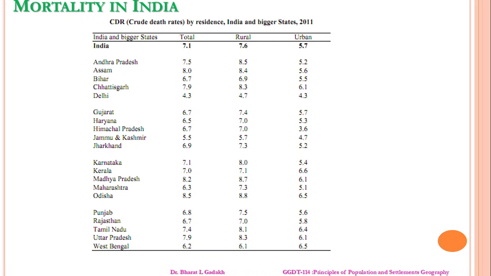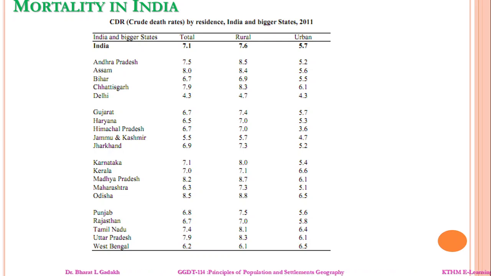Now some more states. Punjab has 5.6 in urban area and 7.5 in rural area, and Punjab's total is 6.8. Now Rajasthan is 5.8 in urban area and 7.0 in rural area, and the total is 6.7.